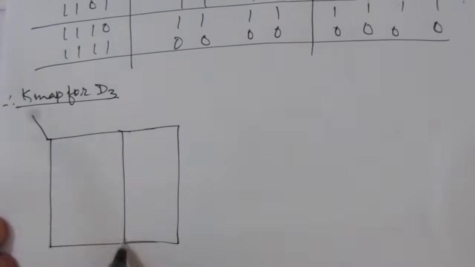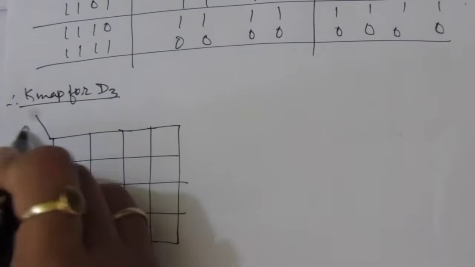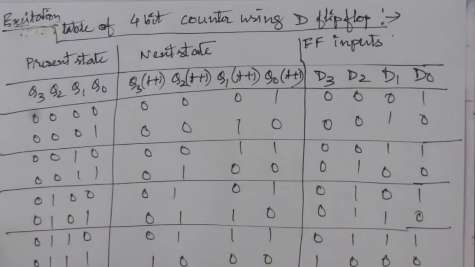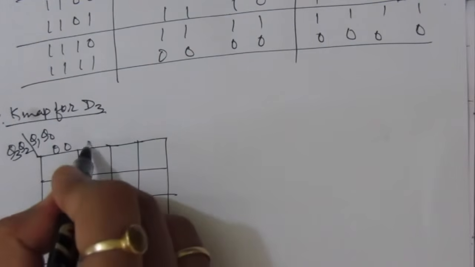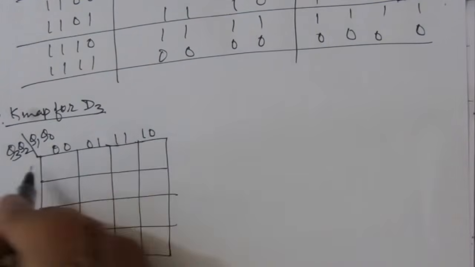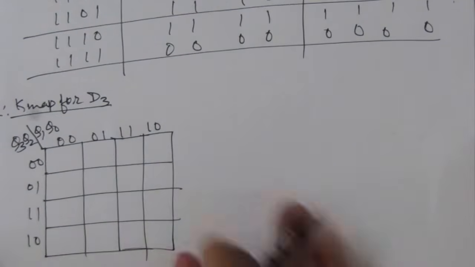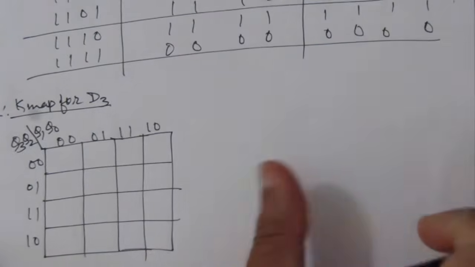So here the inputs are Q3, Q2, Q1 and Q0. We have to see the respective present states for making this K map. So 0 0 0 1 1 1 1 0, 0 0 0 1 1 1 1 0. Now we have to put the D3 values in this K map.